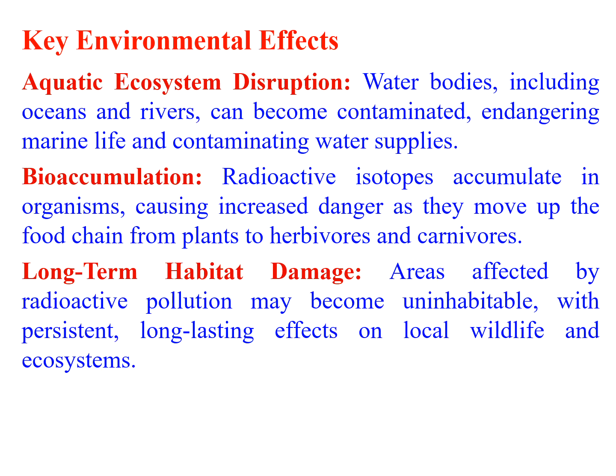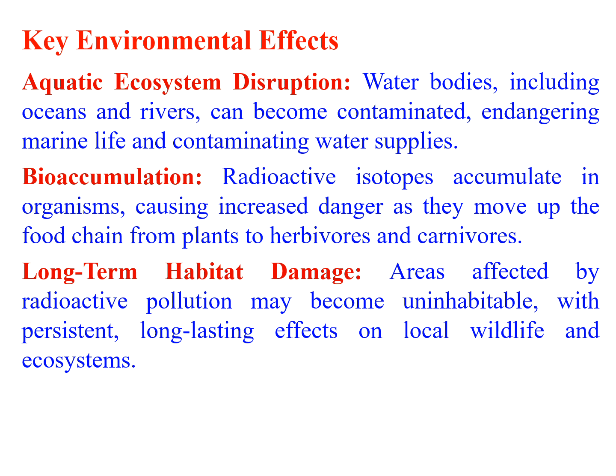For other key environmental effects, we have aquatic ecosystem disruption. Water bodies, including the oceans and rivers, can become contaminated, and marine life will be in danger, which is basically caused by this radioactive pollution. The next one is bioaccumulation.